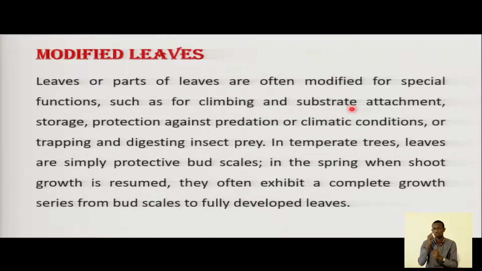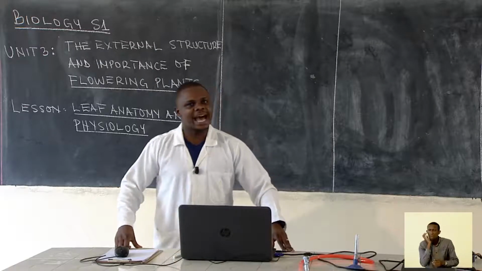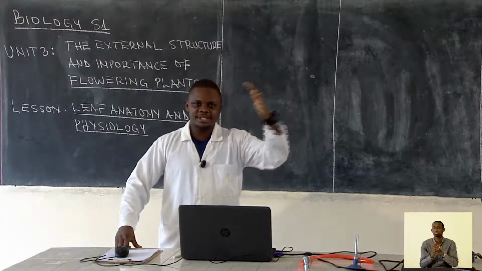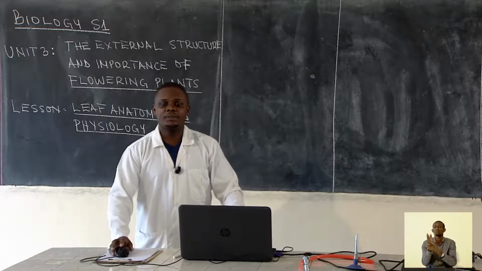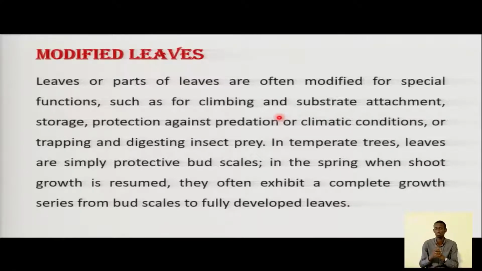Here, students, do you see the beans in your home village? Remember, those beans are adapted for attaching to trees. That is a modified plant. Then these modified leaves, some are used as storage organs, some are used for protection against predation, as we are going to see.